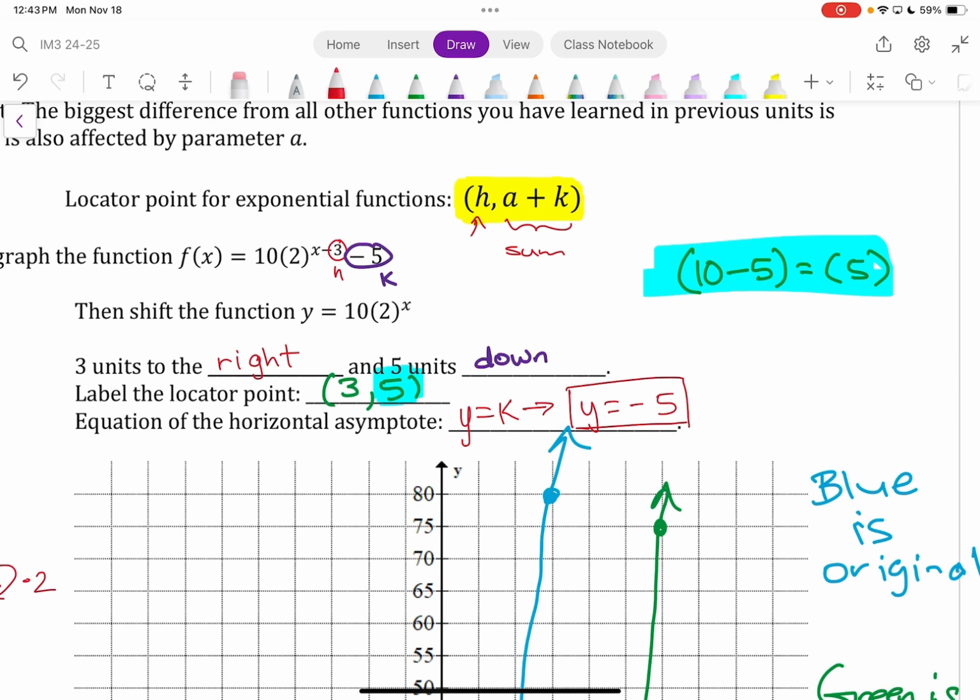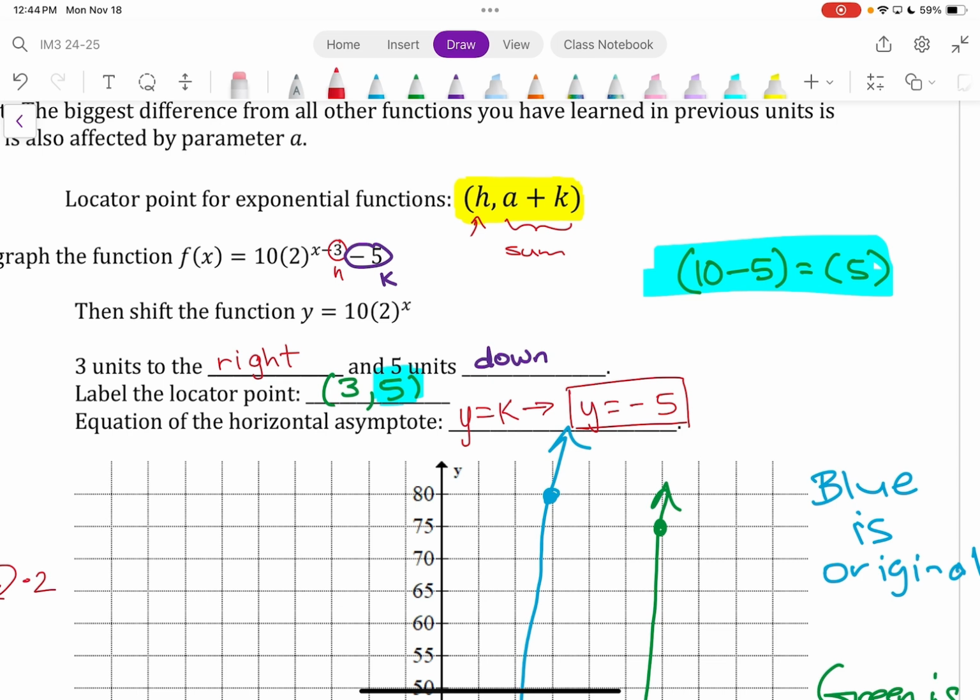An asymptote is a value that you cannot cross or that you cannot equal to. We talked about how we cannot cross the x-axis. So in the original function, the x-axis, or y equals 0, is your horizontal asymptote. We can get really close to it, but we can never cross it.